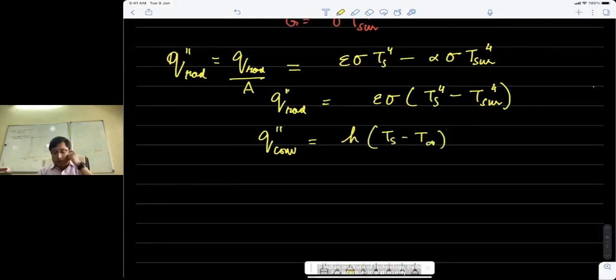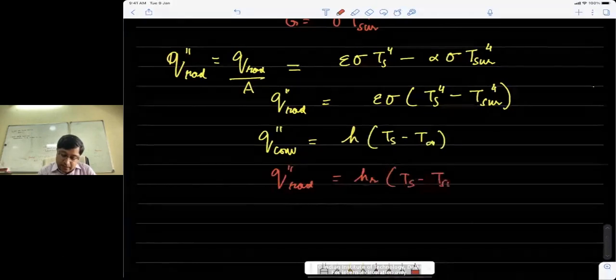This is what we had written in Newton's law of cooling. A similar idea is also used in radiation, where we can write Q double dash radiation as some heat transfer coefficient associated with radiation times (Ts minus T surroundings).